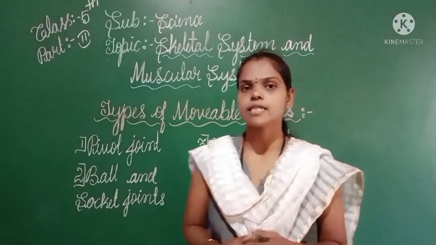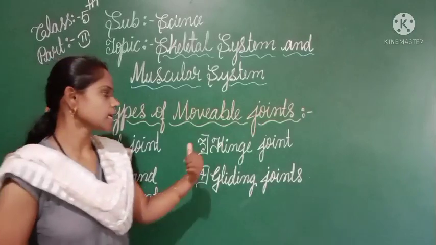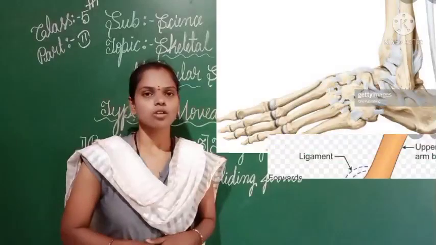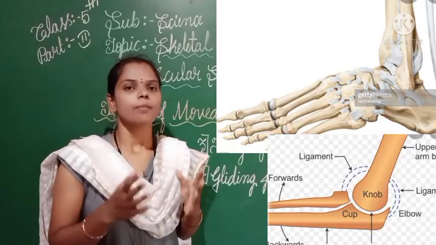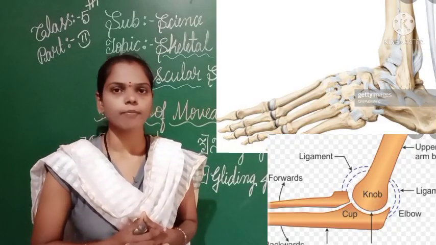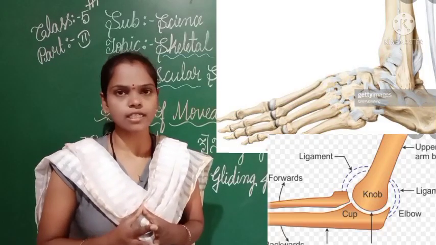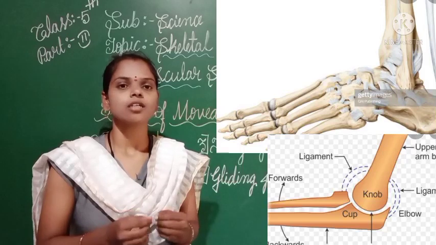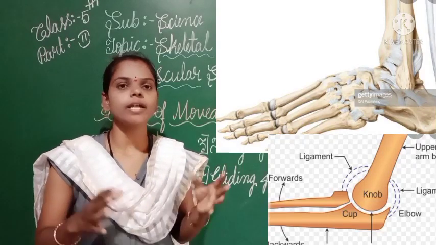Next, let us discuss in detail the third movable joint, that is the hinge joint. Dear students, these kinds of joints are present in the toes and fingers of the human body. Those bones are flat in structure, and they can show only smaller movement. They cannot bend in every direction.